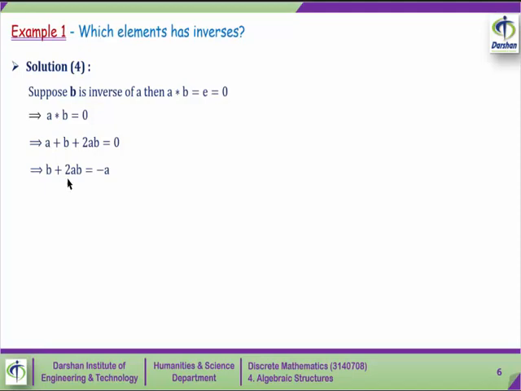Hence, B plus 2AB is equal to minus A. Now our aim is to find the value of B. So we take B as common, then B into 1 plus 2A is equal to minus A. Implies B is equal to minus A upon 1 plus 2A.